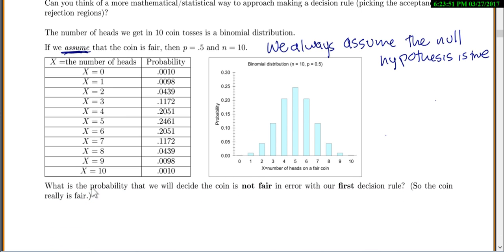So let's look at this. What is the probability that we will decide the coin is not fair in error with our first decision rule? So the coin really is fair, but we think it's not fair. So we said not fair if we got 0 to 2 or 8 to 10 heads.